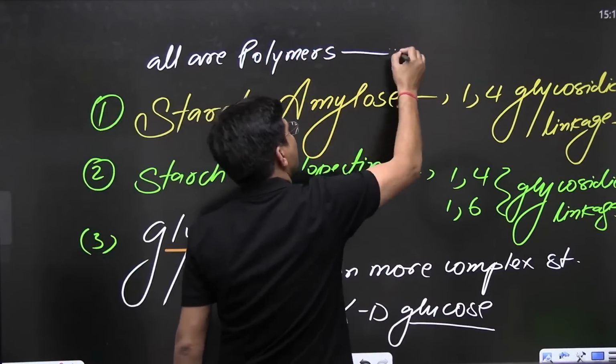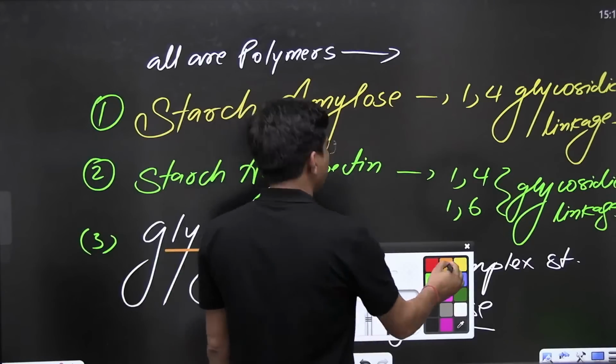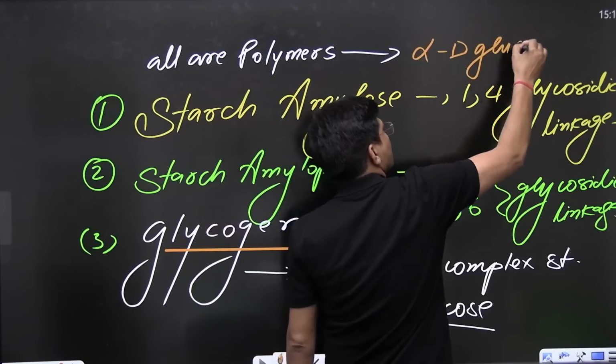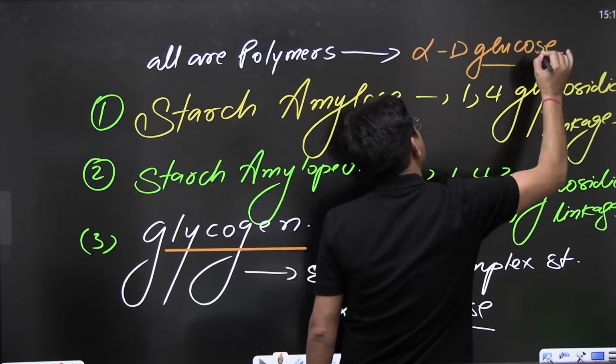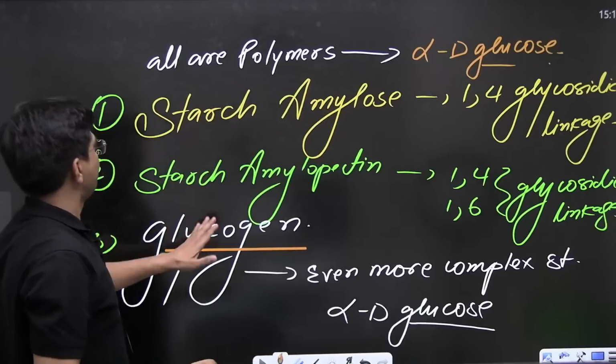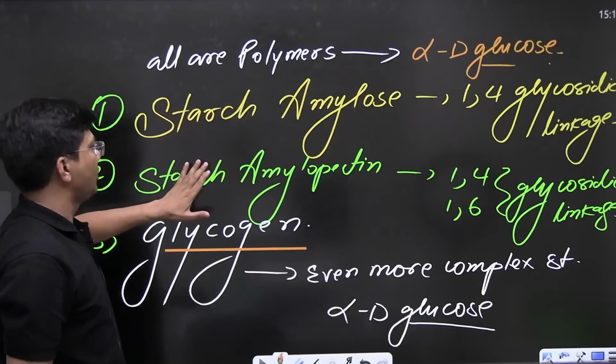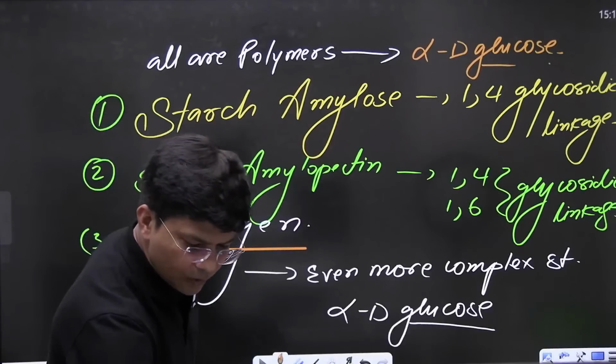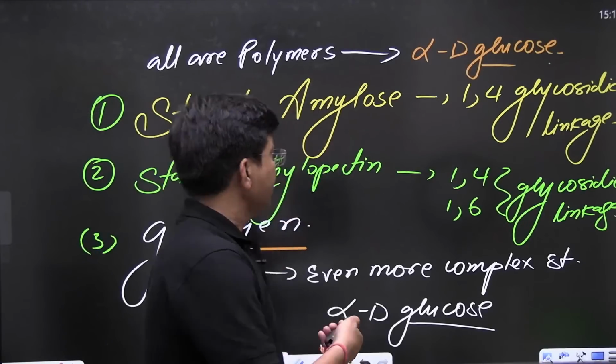And what is the monomeric unit of these? Definitely the monomer is alpha D glucose, whether I talk about starch amylose, amylopectin or glycogen. Just let me know in the NCERT.